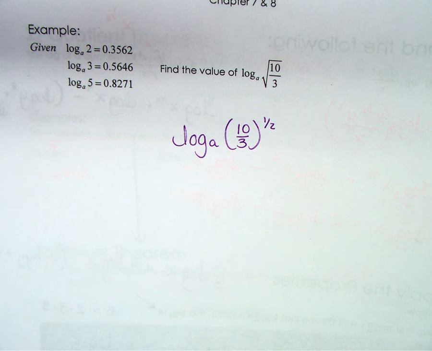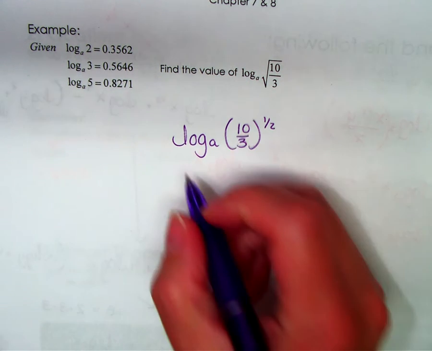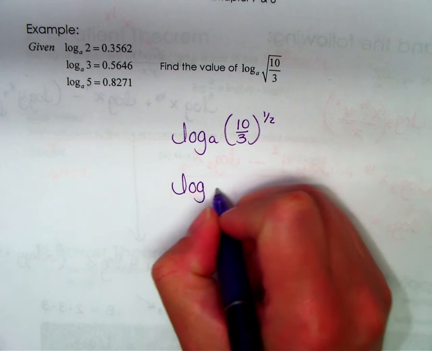Is everybody okay with that? Okay, I have no information about log base A10. But what do I have information about? We've got 5 and 2. Yeah, so now we do 5 and 2 on top divided by the 3. Very nice.